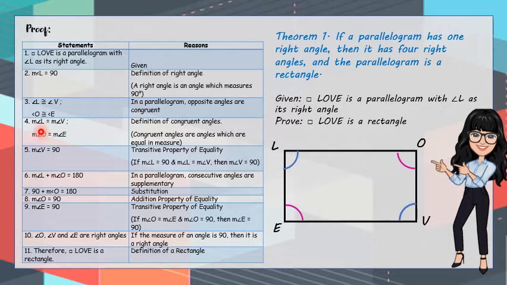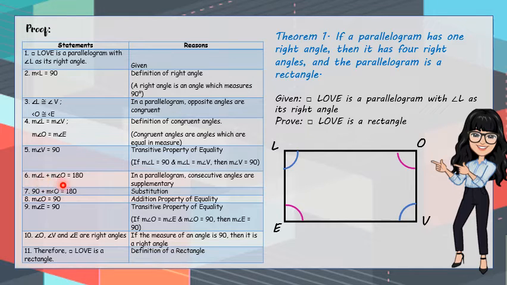So therefore, 90 is equal to measure angle V. So measure angle V is equal to 90 degrees. So again, you can use the transitive property of equality, or you can also use the substitution property of equality.